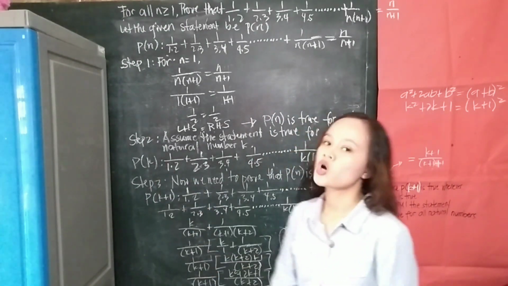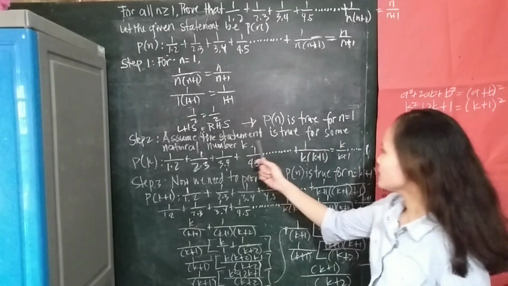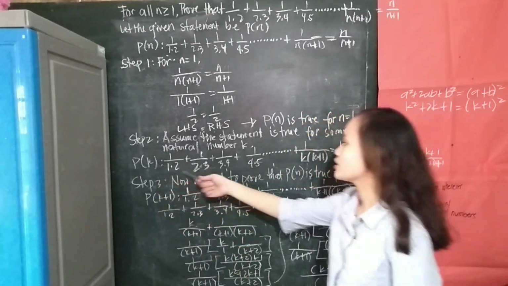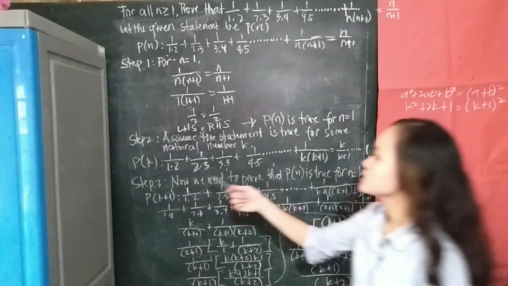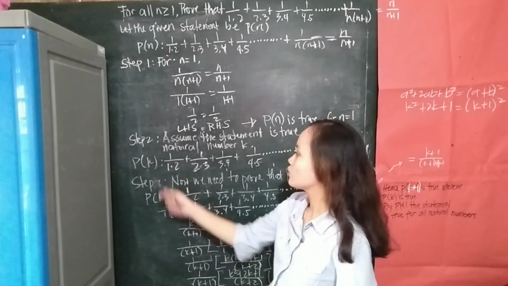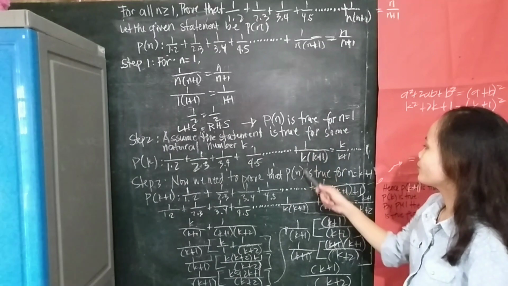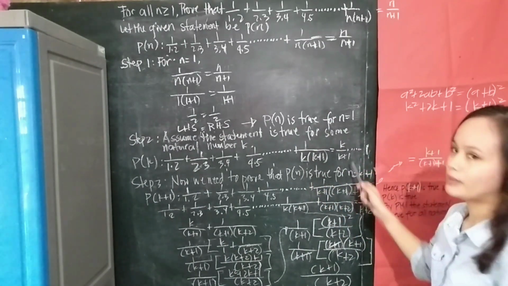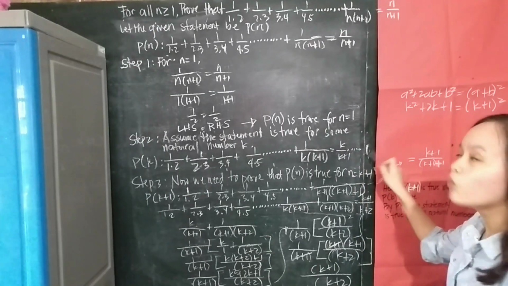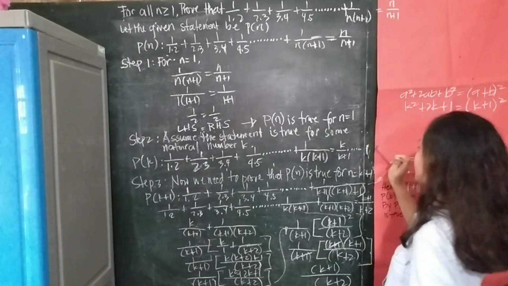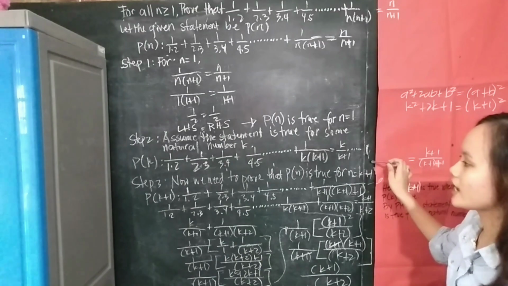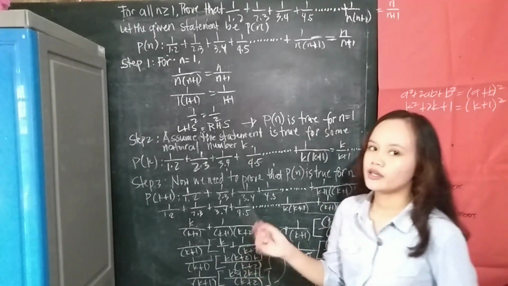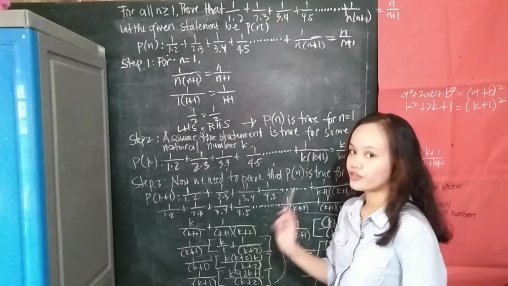Step 2, assume that the statement is true for some natural number k. We have here our statement. We are just replacing the n with k. So 1 over k times k plus 1 is equal to k over k plus 1. Let's call this 1. We are using the number 1 because we're going to use this in our step 3.